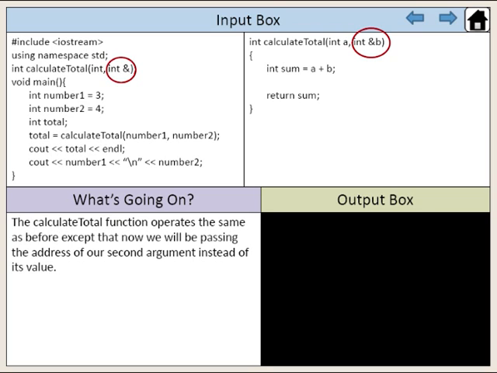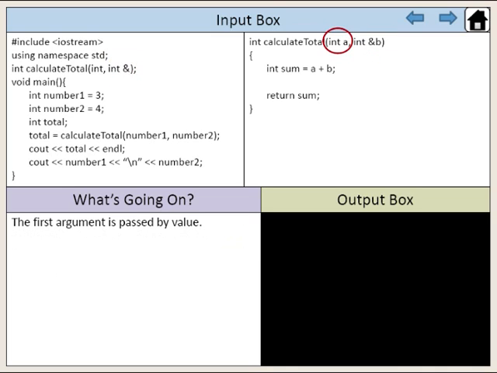The calculate total function operates the same as before, except that now we will be passing the address of our second argument instead of its value. The first argument is passed by value.